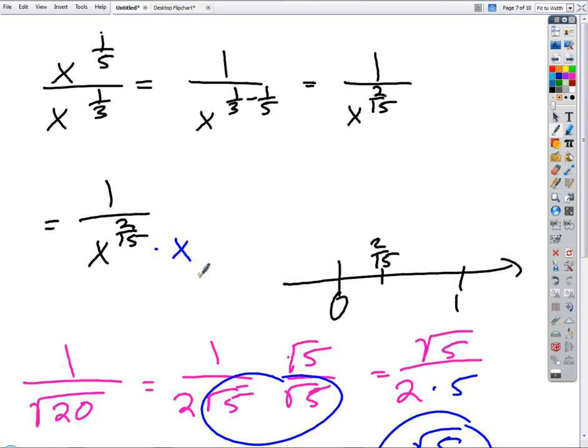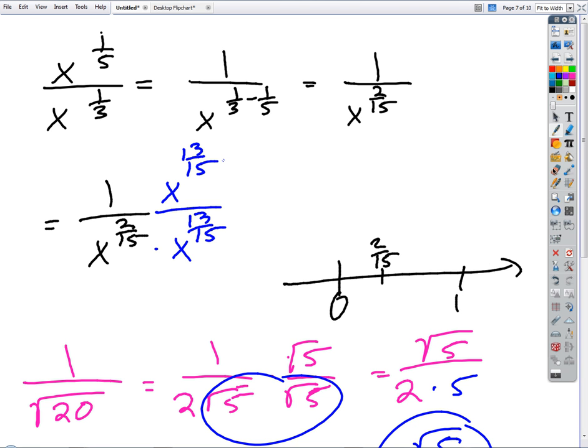What does it need to be, Jay? 13/15. 13/15, right? Because 2/15 plus 13/15 would give us x to the 1 on the bottom. Everybody see that? But I can't just multiply the bottom of a fraction by something without multiplying the top also. So I gotta multiply up here by x to the 13/15.